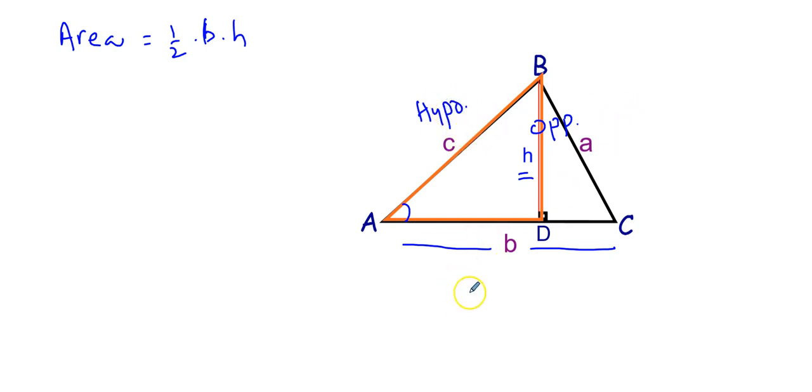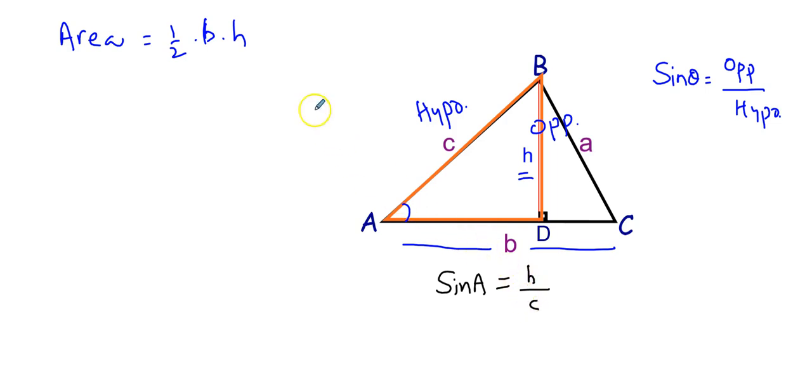Now using trigonometry, I know that sine of any angle theta equals the opposite side over the hypotenuse. So for this angle A, the opposite side has measure h. So I'll write it here: sine of this angle A equals the opposite, lowercase h, over the hypotenuse, that is c.